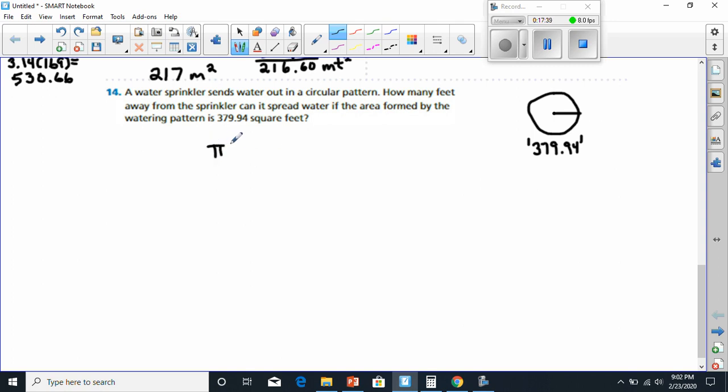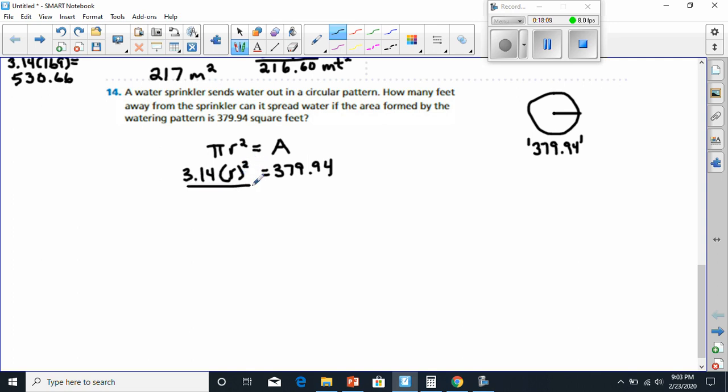If we have pi r squared equals the area, and this time they're telling us the area is 379.94, and that's going to be equal to, well, pi is 3.14, and we're going to multiply that by the radius after it's been squared.